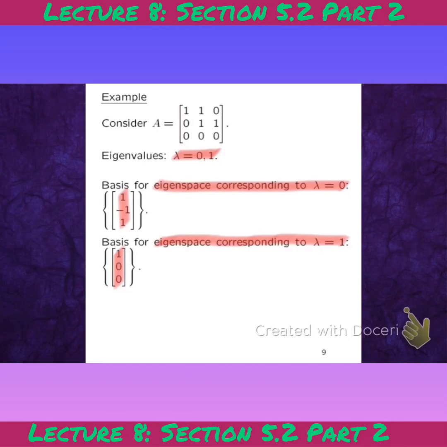Unfortunately, any vector in an eigenspace of the matrix A is going to have to be either a linear combination of this vector here or a linear combination of that vector there. So therefore, you cannot find a set of 3 linearly independent eigenvectors, and this matrix, you will not be able to diagonalize.